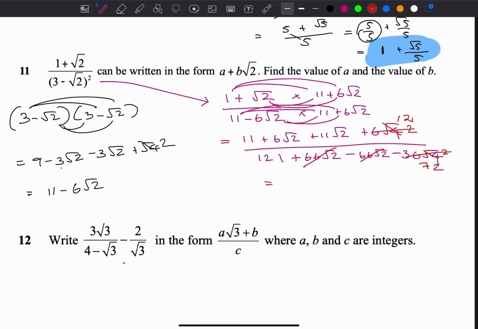So what do we have? 11 add 12, which is 23, plus 6 add 11, which makes it what? 17 root 2 over what do we have? 121 take away 72.